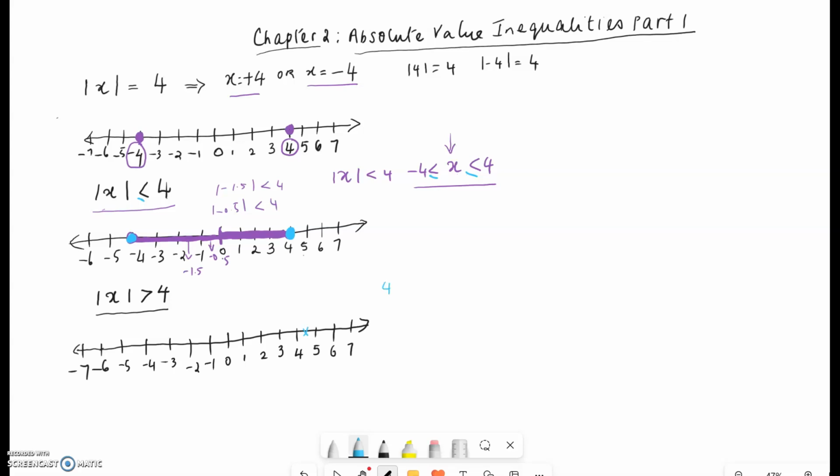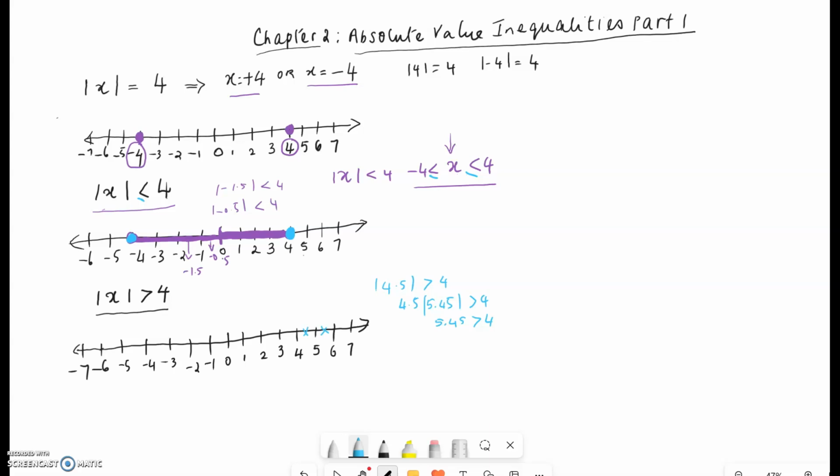So for example, the absolute value of 4.5 is definitely greater than 4 because it's 4.5. Look at any number to the right of 4. The absolute value of, let's say, 5.45 is greater than 4 for sure, because 5.45 is greater than 4.